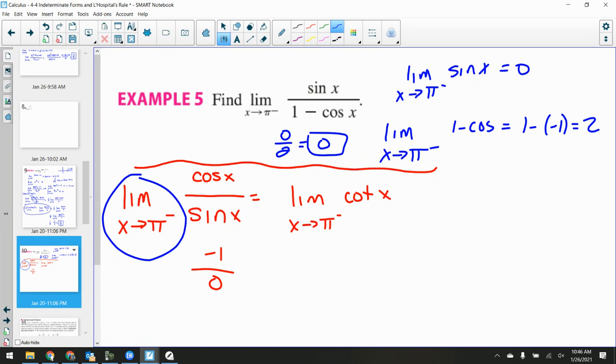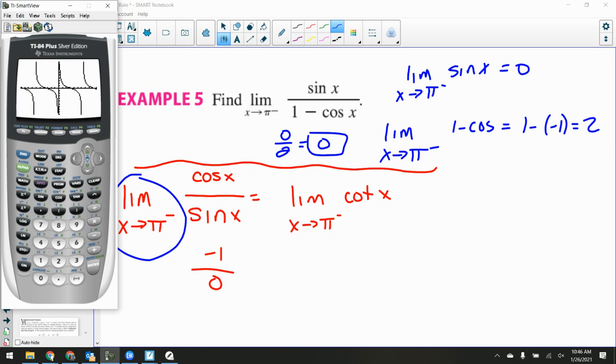Like if we had tried to use L'Hopital's rule, because you know how it was divided by 0? Yeah, that's why. Because watch here, if I plug in y equals cotangent of x, I think they were getting you to try to work a little bit more down here. Right, 1 over tangent of x. Gotcha.